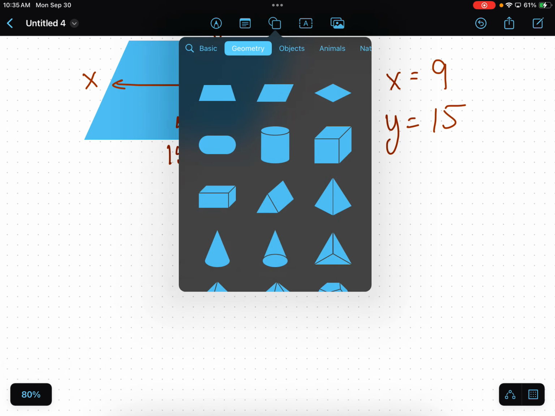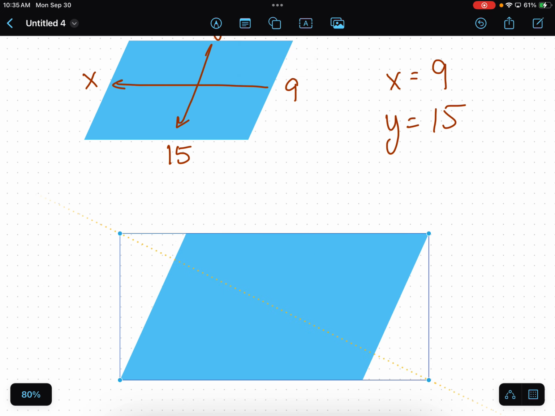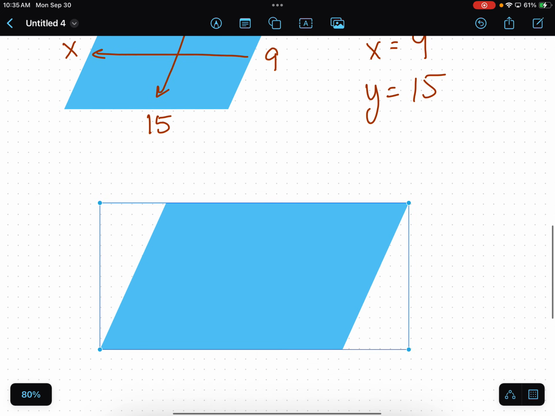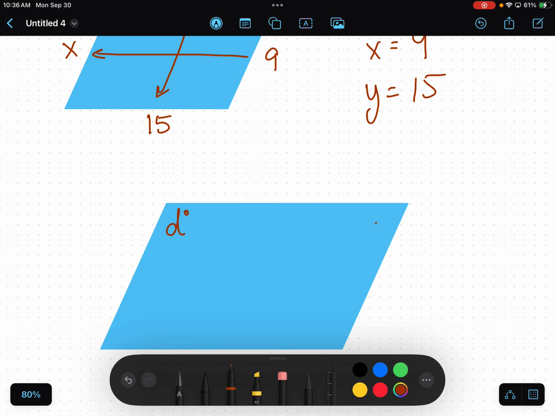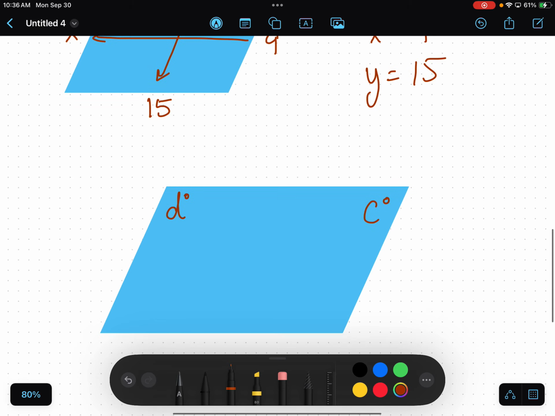Then, one of the other things that it doesn't really talk about, but it should have, is the fact that in a parallelogram, angles, yes, they are the same, but they're also, two of them will add up to be 180 degrees.